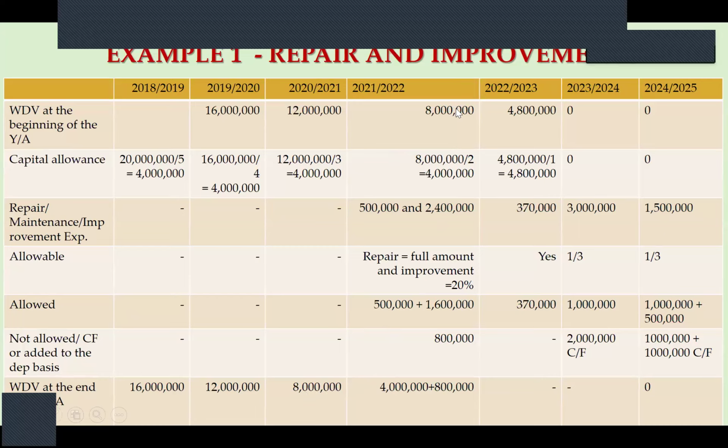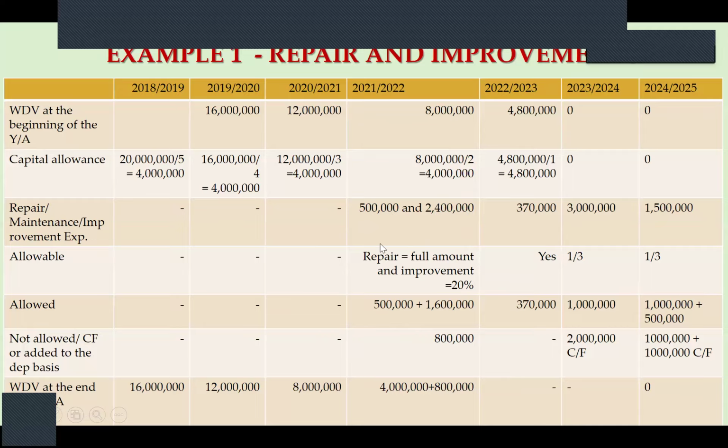Then what is the beginning written down value? That is 8 million. That 8 million can be divided by 2 to calculate the capital allowance for 21-22, that is 4 million. Then there is a repair value and the improvement value. The repair value is 500,000, the improvement value is 2.4 million.